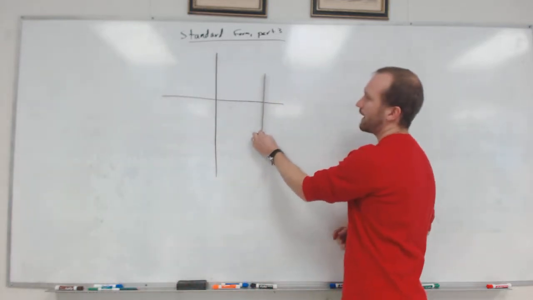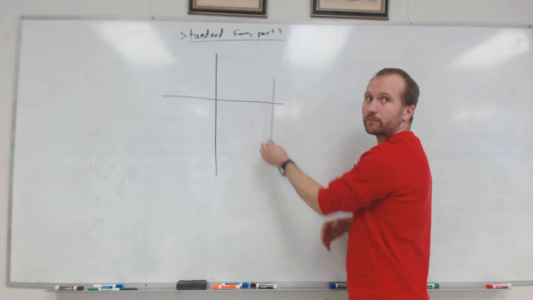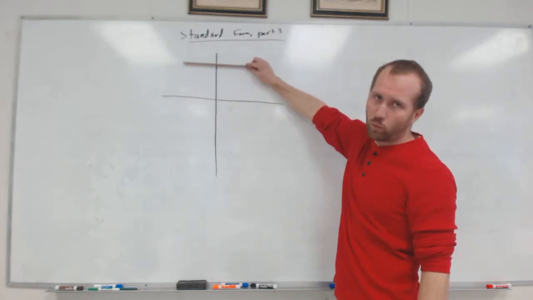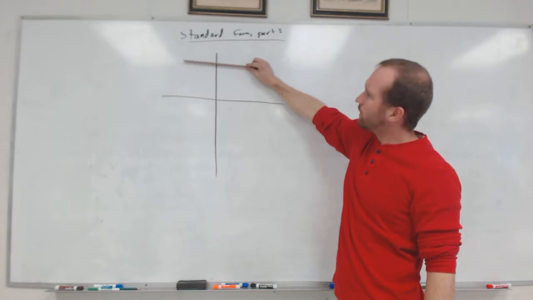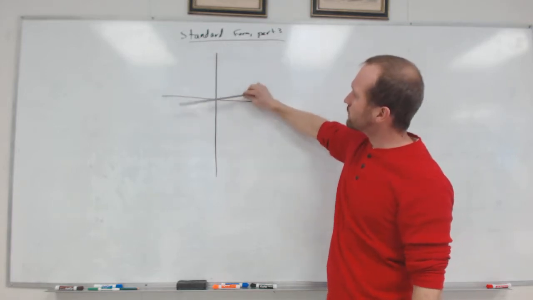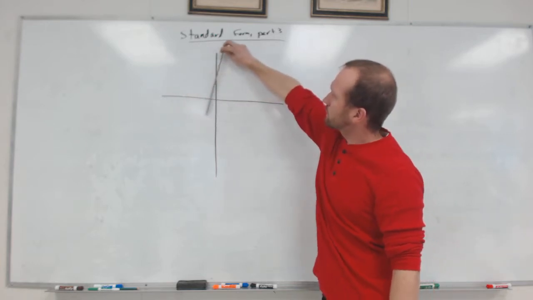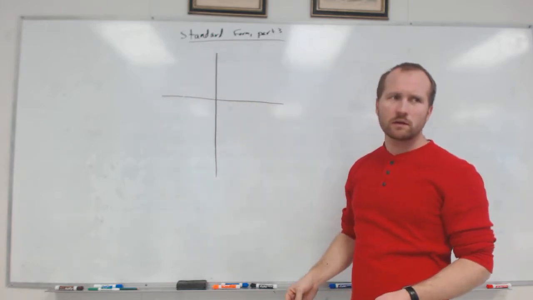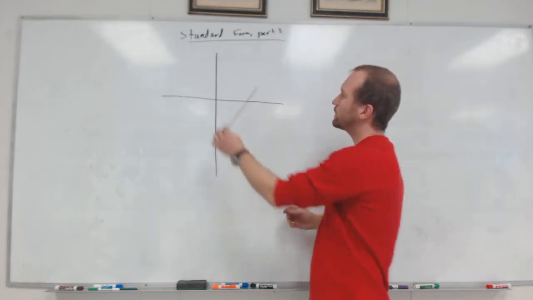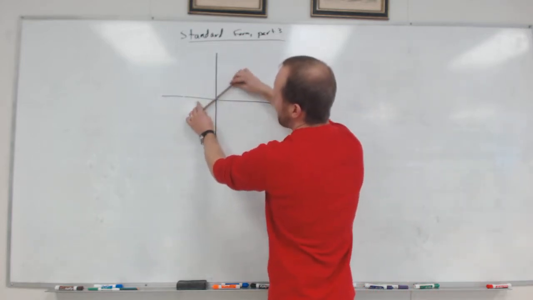That would be something like x equals 5. And we do know how to graph horizontal lines. That would be something like y equals 5. But when can I have a line that doesn't cross the axis at two different places? What if I have a line that goes right through the middle?